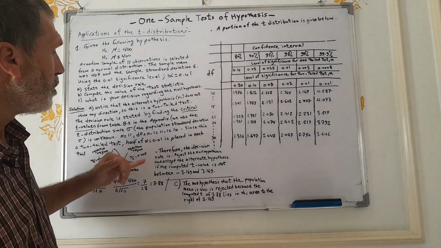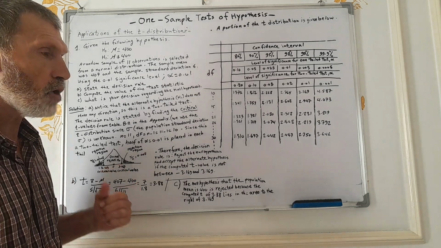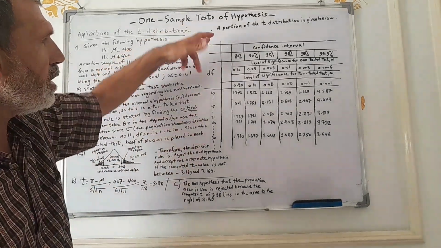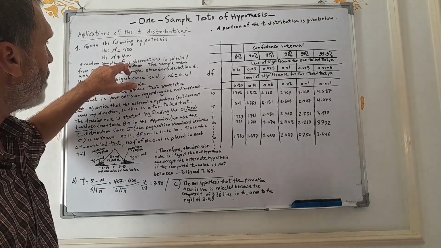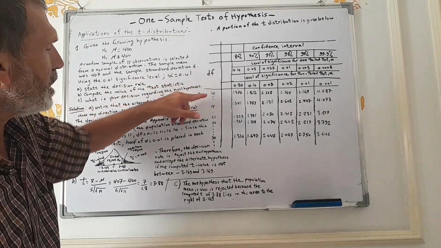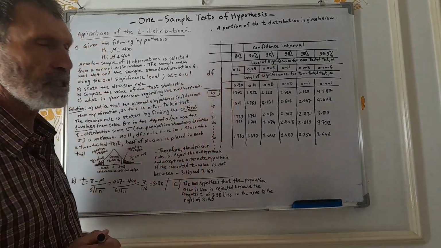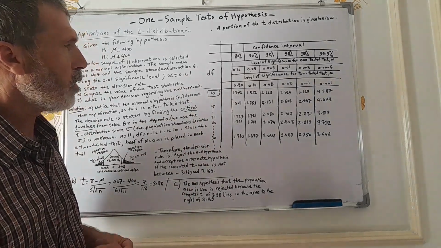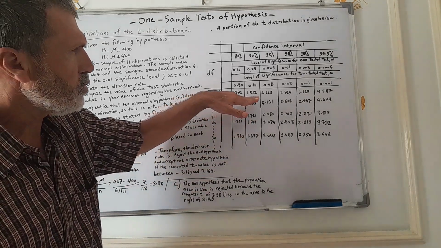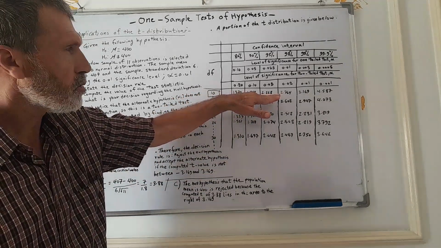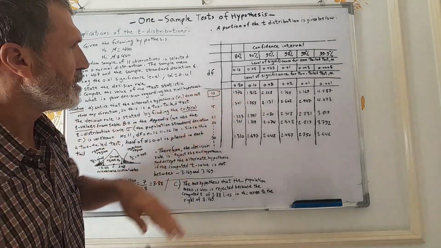Now we need to calculate the T critical. So how do we do it? First, we go to the far left column here, 11 minus 1 is 10, so the degrees of freedom 10 is here. Since we have a two-tailed test, we go to the row corresponding to the appropriate degrees of freedom, which is 10. This is the row we're talking about.